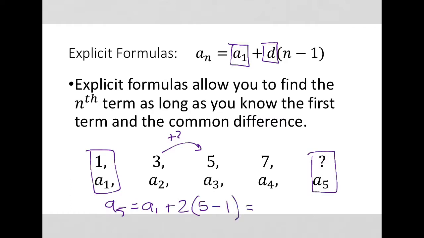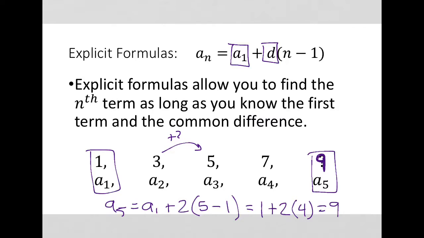So substituting in, a sub 1 is 1, so we get 1 plus 2 times 5 minus 1, which is 4. We get 8 plus 1 is 9, just like we found recursively. The recursive formula should always match up with the explicit formula. The explicit formula is just more convenient to use.